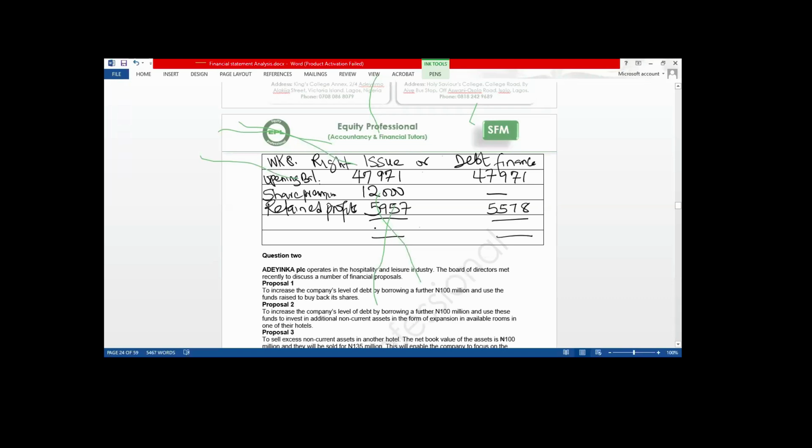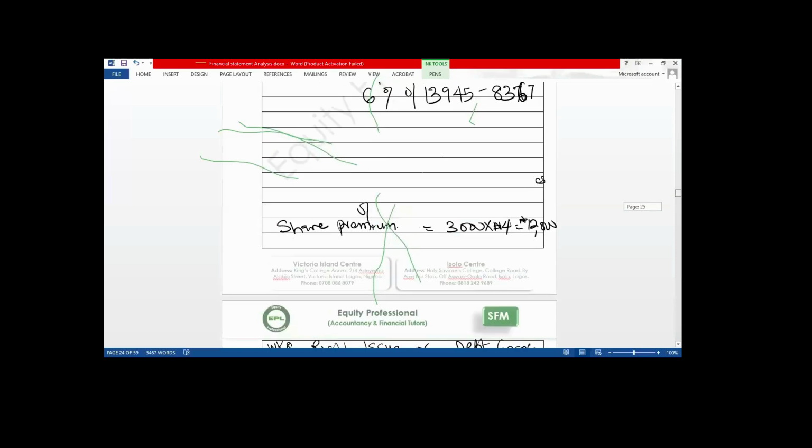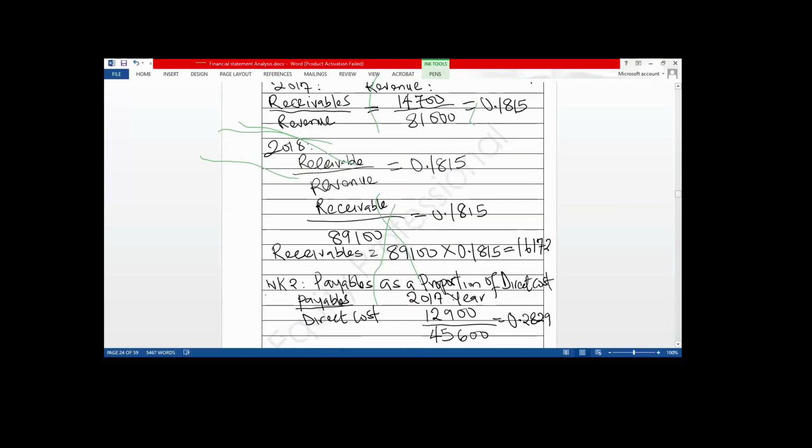Please add up. 65,928. And what do we have here? 53,549. You can go and do your posting: 65,928, 53,549. Go to the statements.